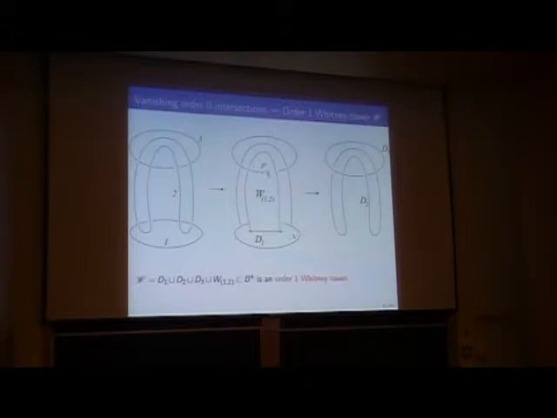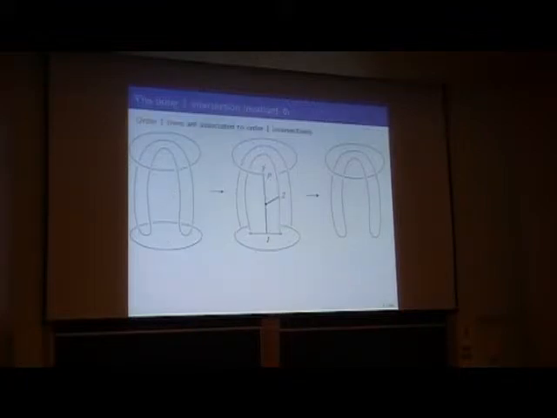And this transverse intersection between the Whitney disk and another disk is an order one intersection point, and we can associate an order one tree to such an intersection point. So again, this tree sits right inside the Whitney disk. So this is the same picture as before with some of the labels removed. And this is an example of an order 1 intersection invariant.